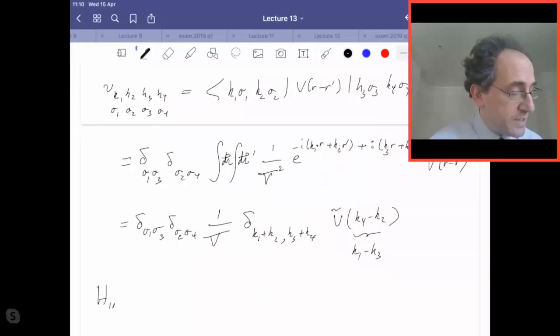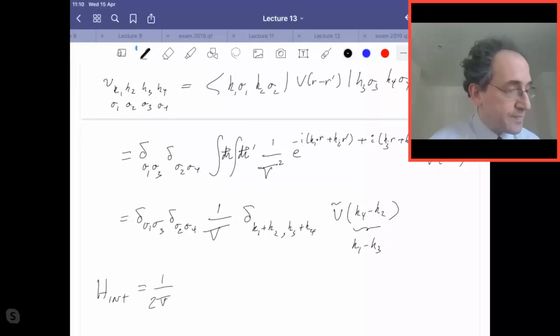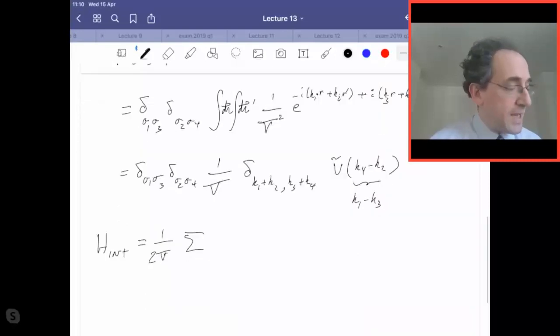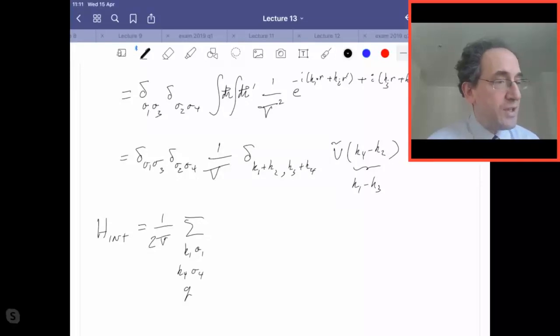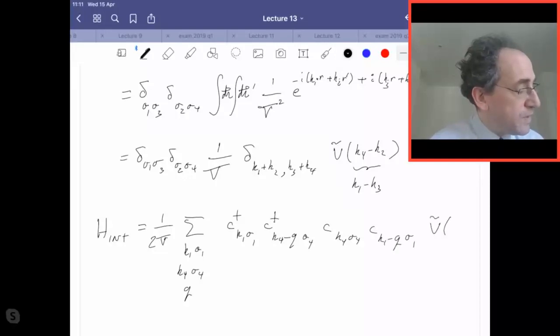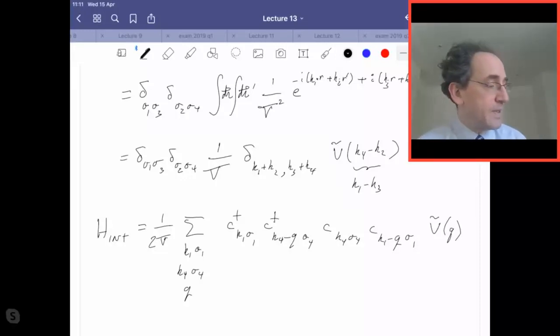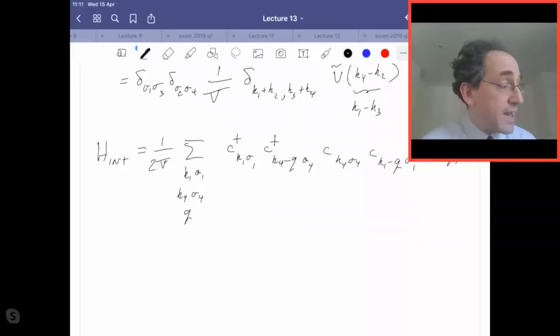My H interaction will then be 1 over 2 times the volume of the system, and we'll sum over k1 sigma 1, k4 sigma 4, and q, c dagger k1 sigma 1, c dagger k4 minus q sigma 4, c k4 sigma 4, c k1 minus q sigma 1, and then V twiddle of q, where V twiddle is the Fourier transform of the Coulomb interaction, or whatever interaction we're considering here.